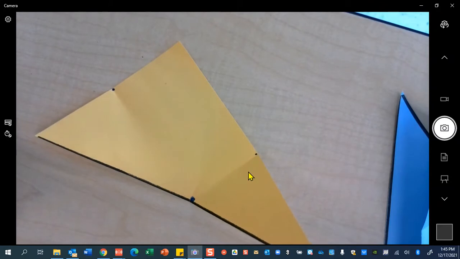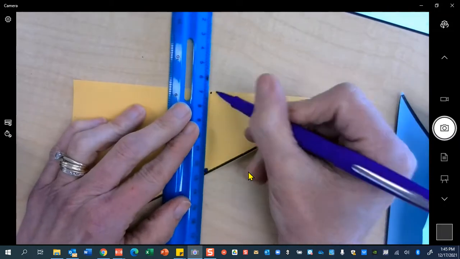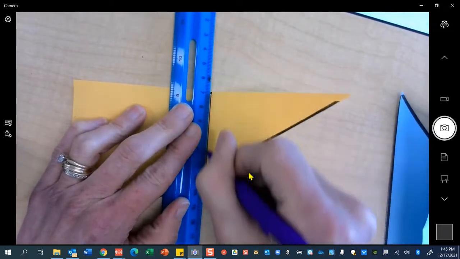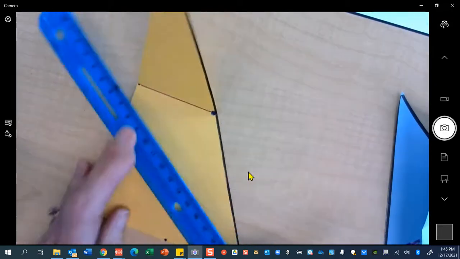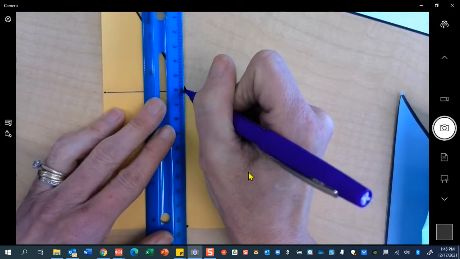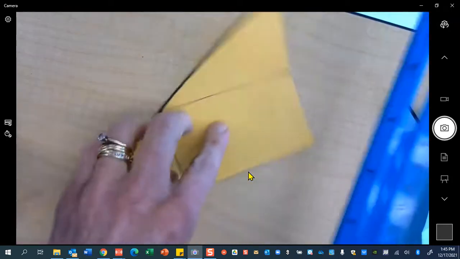It's so amazing. What you have now is a series of midpoints to connect, and by connecting your midpoints, you will create mid-segments.